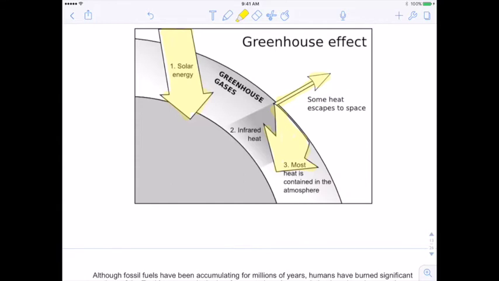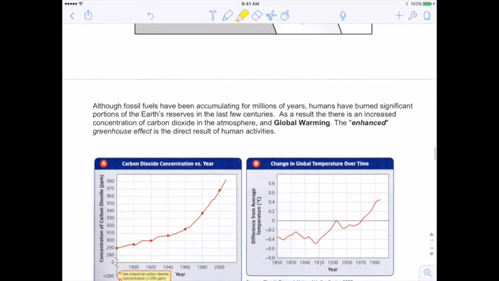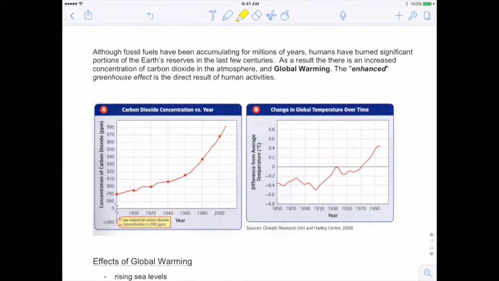Now, carbon dioxide, though it's found naturally in our environment, has been rapidly increasing. The amount of carbon dioxide gas that's in our atmosphere has been rapidly increasing, and this has posed a problem. If you take a look at the first graph, it shows the concentration of carbon dioxide in our atmosphere over time.